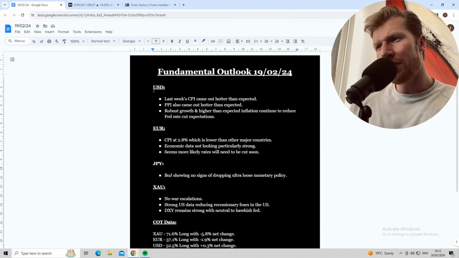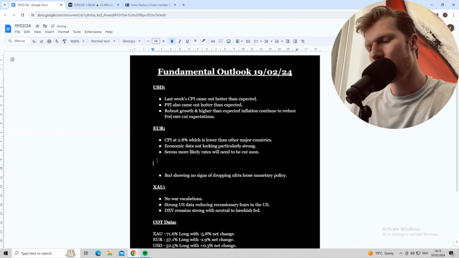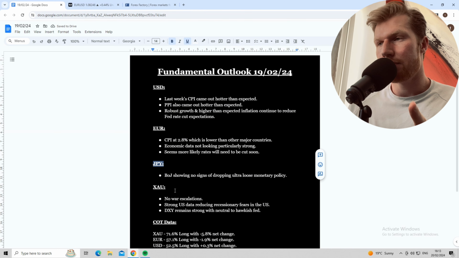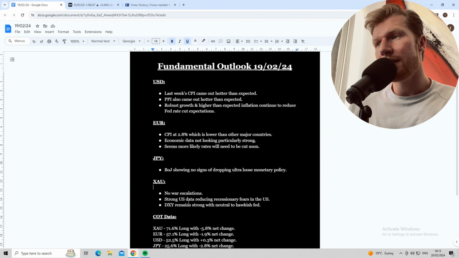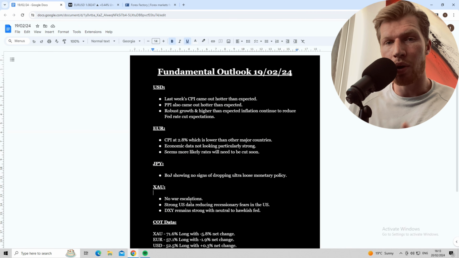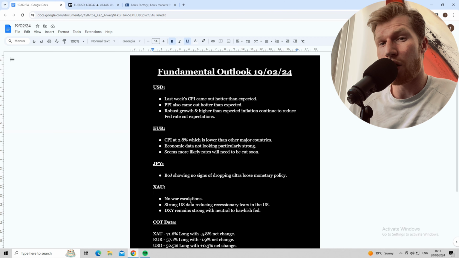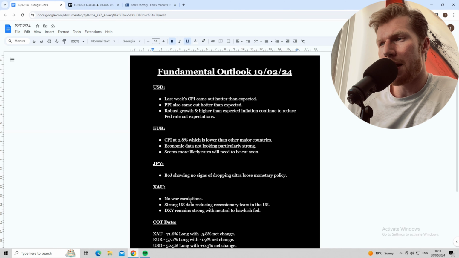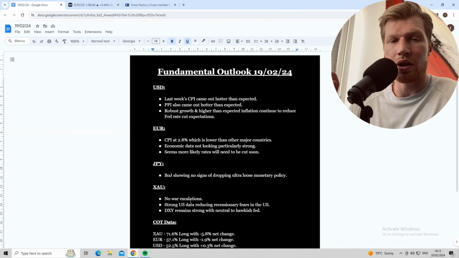Now, on this document, I've only included USD, Euro, JPY, and that is it. And gold. I just missed that gold. The reason is because these are the ones I'm actually most interested in. I also do all the other major currencies, the S&P, a few other markets, and oil as well, for example.